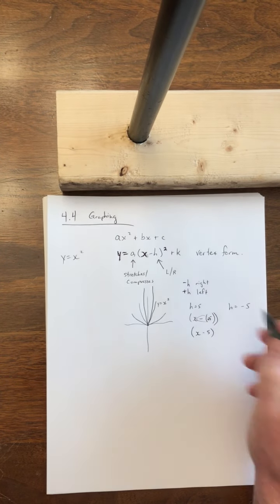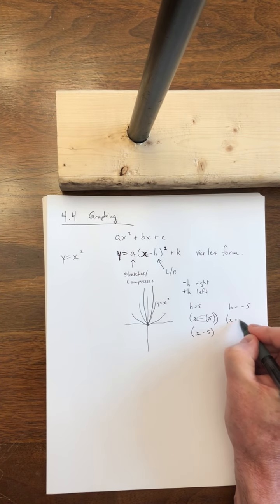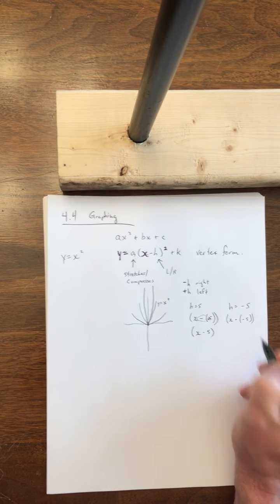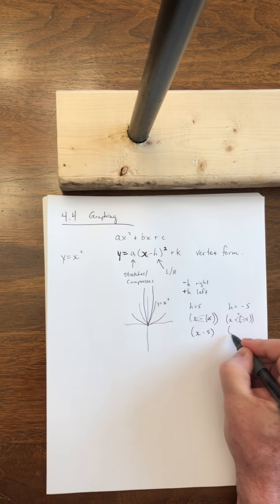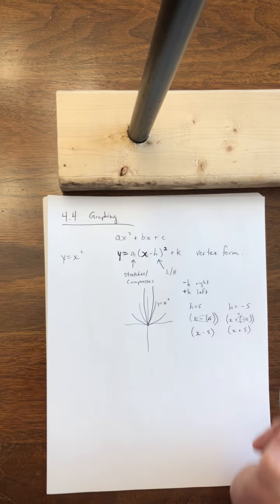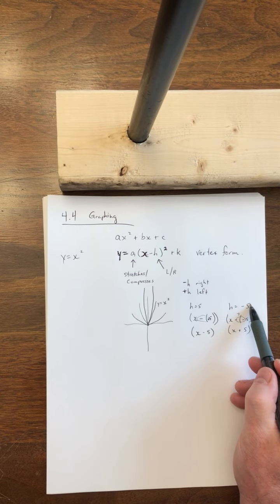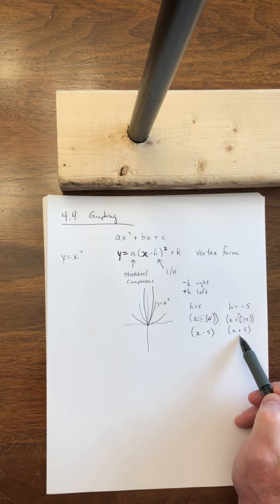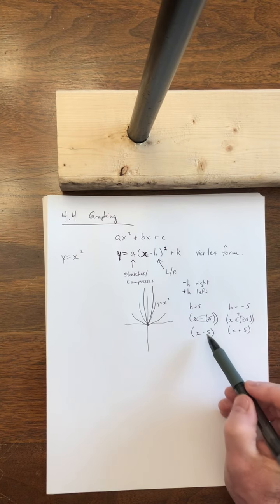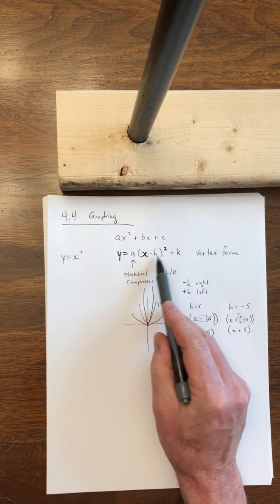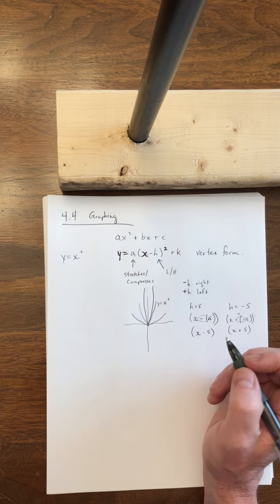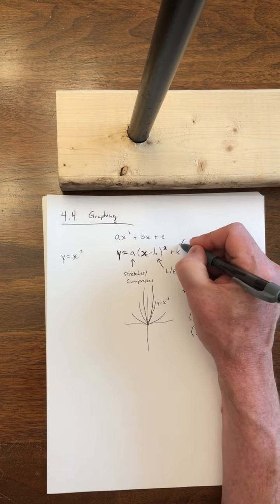And if h was negative 5, when we sub that in, it appears as a positive. So a negative 5 appears as a positive 5, and a positive 5 appears as a negative 5.